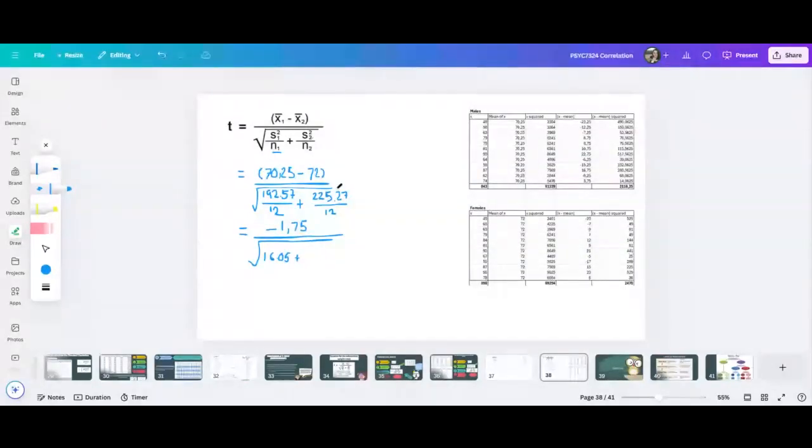And then 225.27 over 12. Is it 0.78? 0.77. What's the third digit? So then, yes, it would be 18.77. Delightful. We're nearly there.